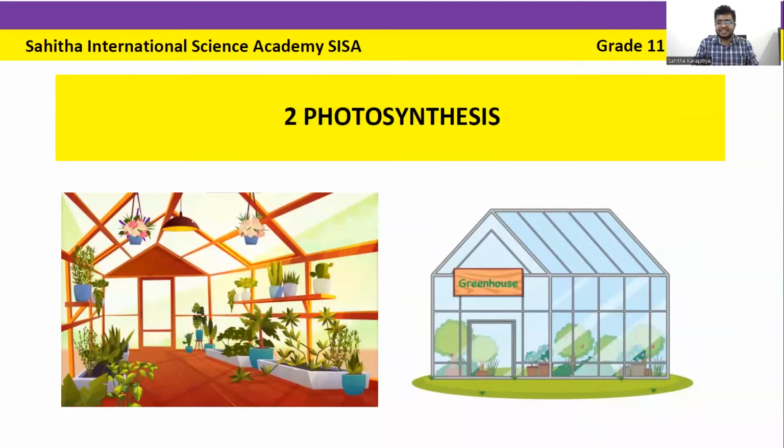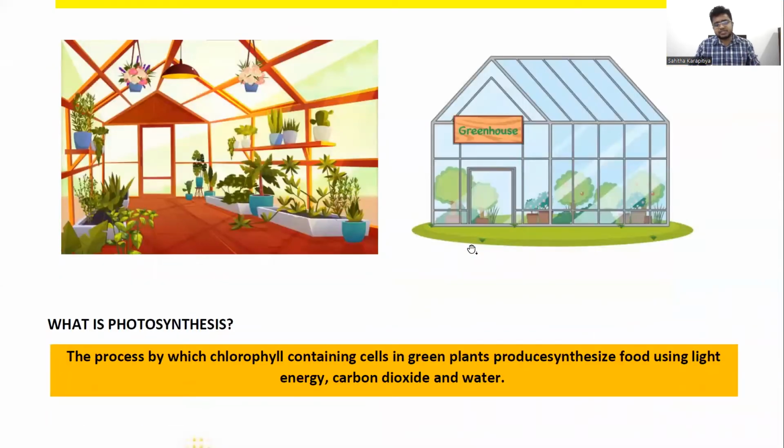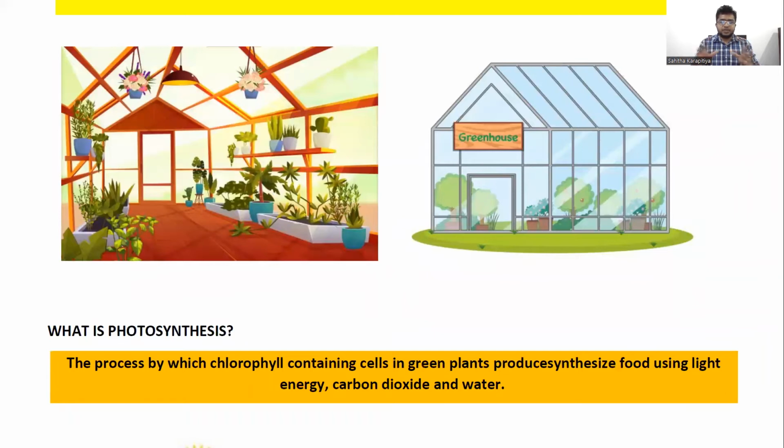Well, photosynthesis is very essential for several reasons, not only one. At the end of this video, let's speak about the importance, but first let's look at what photosynthesis actually is. According to the definition, photosynthesis is the process by which green plants, which means plants or cells which contain chlorophyll, synthesize their own food using light energy, carbon dioxide, and water.